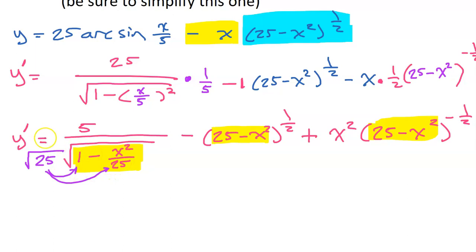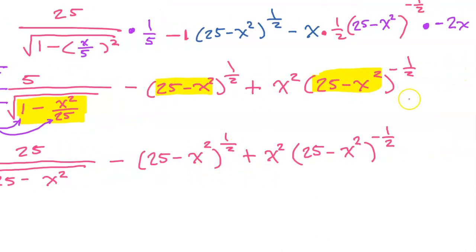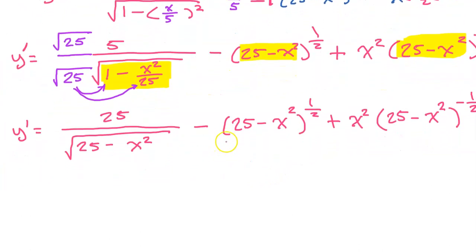So that's why I'm going to multiply by radical 25 over radical 25. So under the radical, I will get the 25 minus x squared, just as I described. What about the numerator? Remember that this is the square root of 25, which is 5. So this will really just be 5 times 5, so I'm going to have 25. And I went ahead and just brought down everything else unchanged.